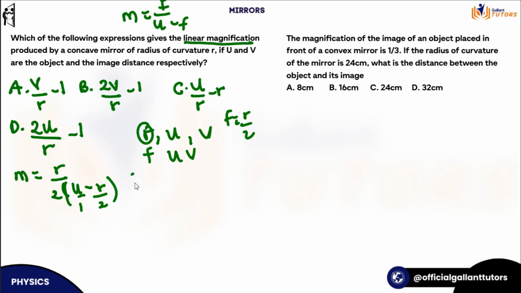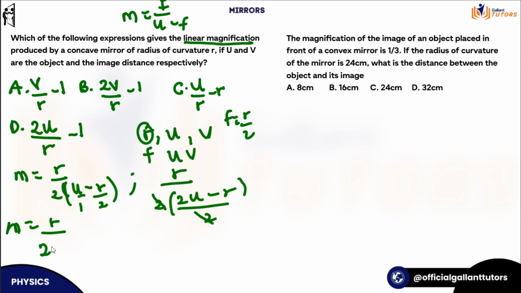So you should get something like r over 2 open bracket 2u minus r over 2. Exactly. Yes, you should get something of this nature. These two cancel these two, so therefore m is equal to r over 2u minus r.